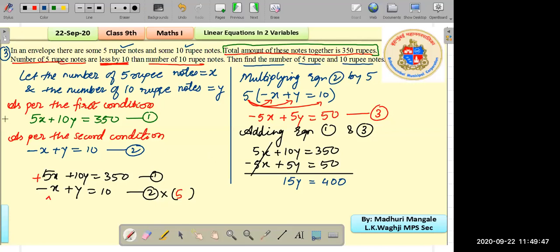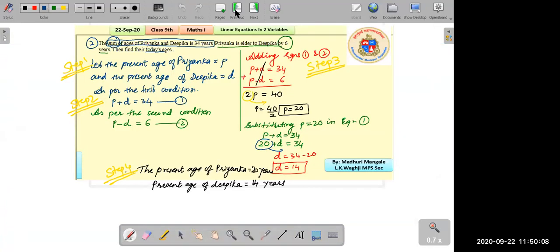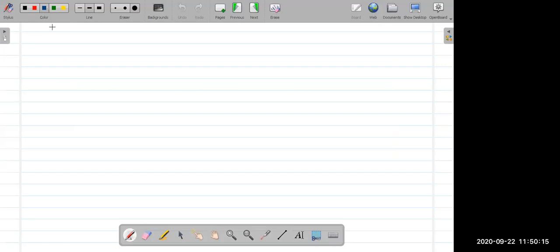So let us look at the first equation once again. Great, thank you everyone. Just a minute, students. So the first condition was the sum of two notes.